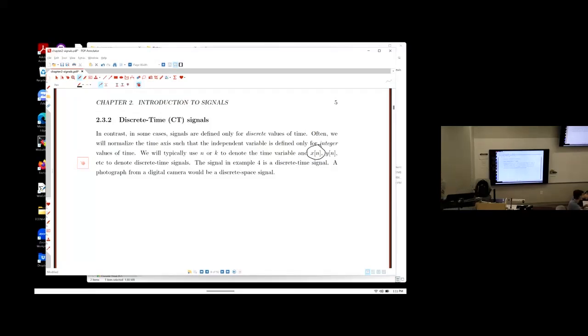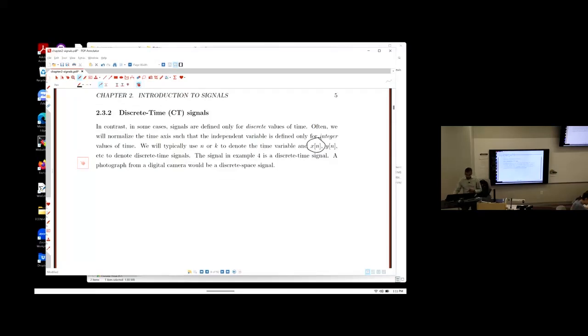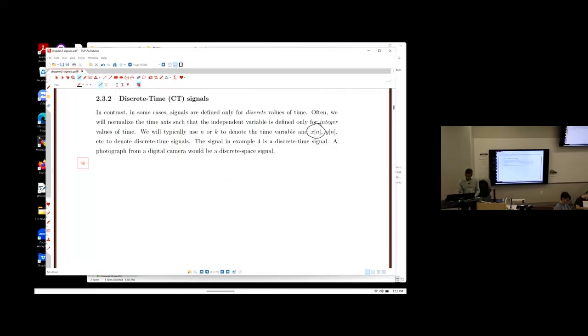And instead of t, we are going to use n to denote time. So just get used to the difference between x of t versus x of n.